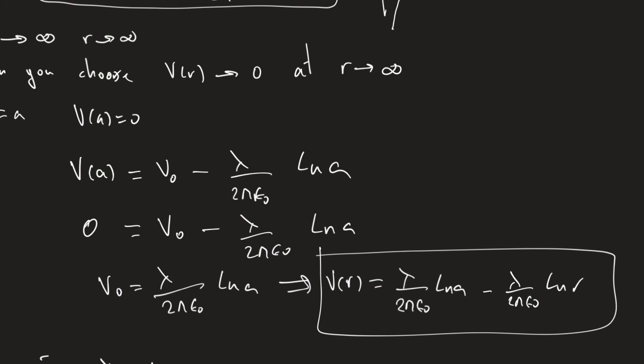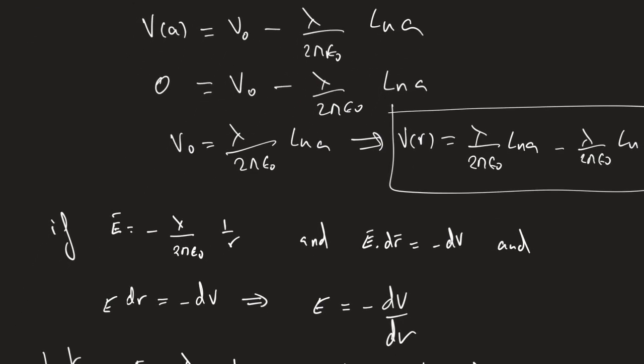So what I have done is like this. I have a star with an electrical field like this. I have said that E dot dr is minus dV. When you make the dot product, the radial component E sub r times dr is minus dV.